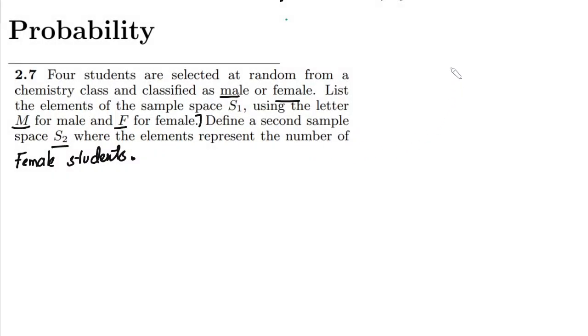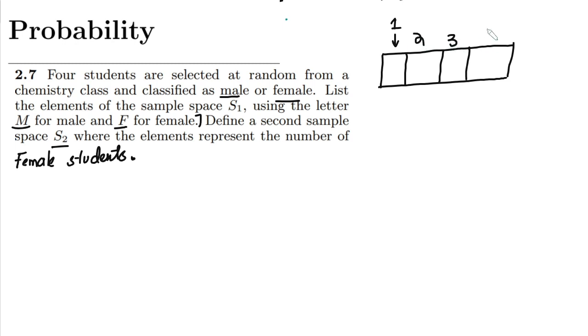So, for our convenience, let me have a window in which I will have 4 slots. In these slots we can have any number of students. This is slot 1, this is 2, this is 3, this is 4.